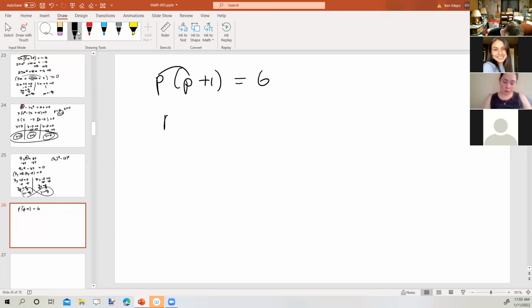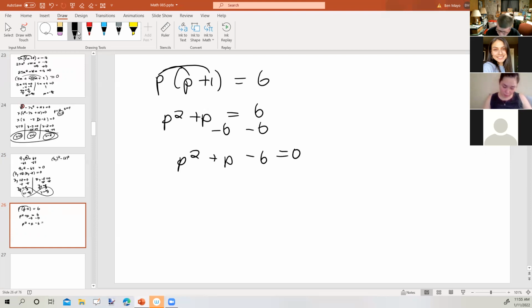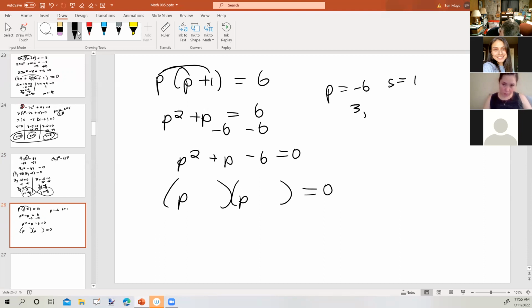So we need to multiply this back together. Subtract 6. Now it's set equal to 0. We'll come back and factor this trinomial. p and p, let's see, the product is negative 6. The sum is positive 1. How about 3 and negative 2?